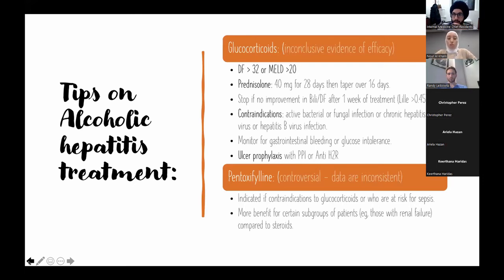You're totally right, if it's the first episode of severe alcoholic hepatitis. But if it's multiple, or he has alcohol use disorder, cirrhosis, and active drinking, maybe it's case by case. The patient was really clinically ill, and maybe he wouldn't have been able to tolerate liver transplantation anyway. But he ended up dying the next day.